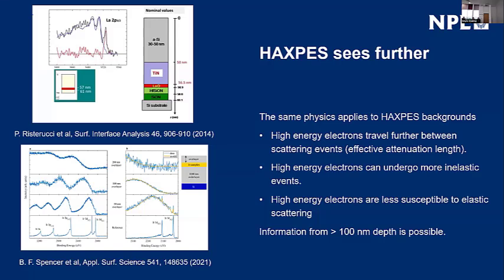At the bottom of the screen, this is an iridium compound buried under organic. This compound is used in organic LED displays. And you can see it and even measure the amount of material, the depth of the material, up to 200 nanometers. You can't see the peaks, but you can see the background, and you can analyze that background.